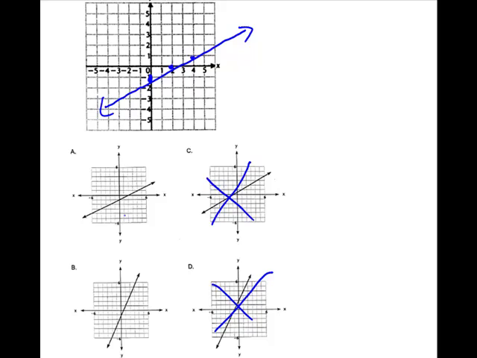The other good thing to look for is the intercepts, the points where it crosses the x and y axis. And for both of these, it crosses at negative 1 on the y-intercept, but on the x-intercept, it crosses at 2, while the B choice crosses at 1. So A is going to be your correct choice.